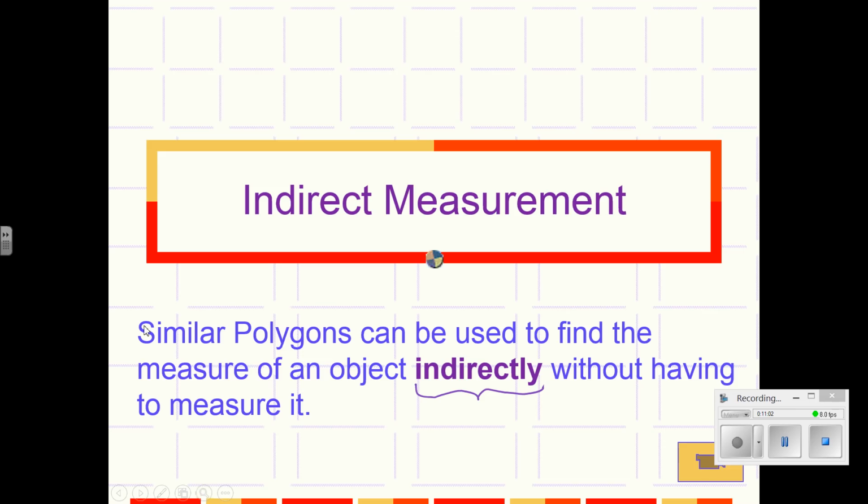You can use a theorem of similar polygons to be able to solve for things indirectly. You're going to watch a short little video after this that talks about this guy named Thales, ancient Greek mathematician, who used this type of thing to be able to calculate the distances between ships at sea and how tall buildings were, etc.